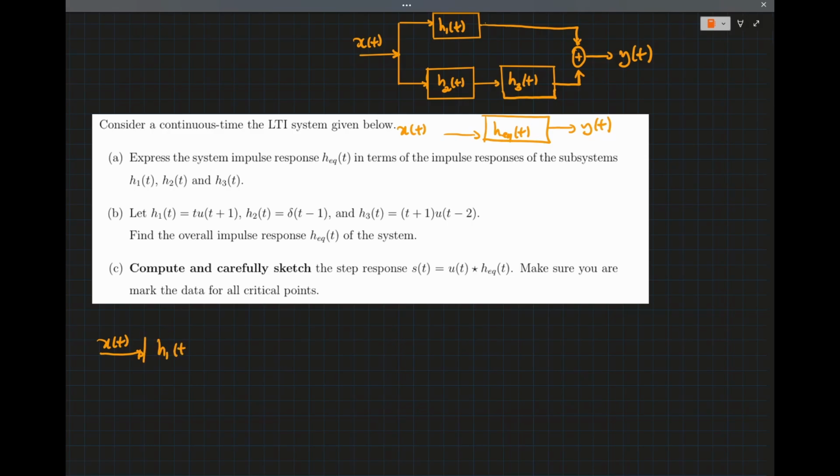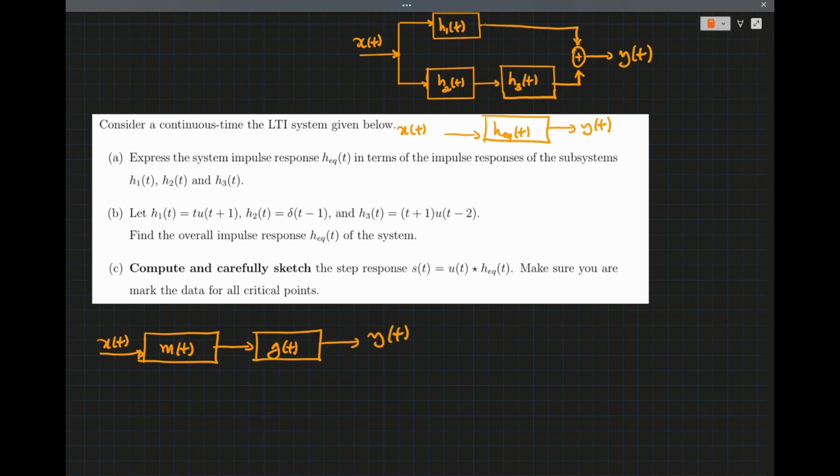Okay, so we know that for LTI systems, when we have x of t and then g of t or h1 of t, not to get confused, I'm going to use a different variable. Let's call this m of t and this g of t, and this is the output.